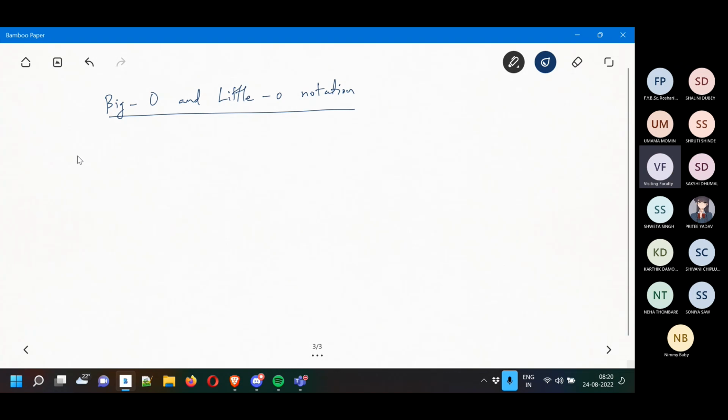What is that? So f and g are two functions going from Z plus to Z plus, positive integers to positive integers. I will not keep repeating it. We'll just assume it that way.